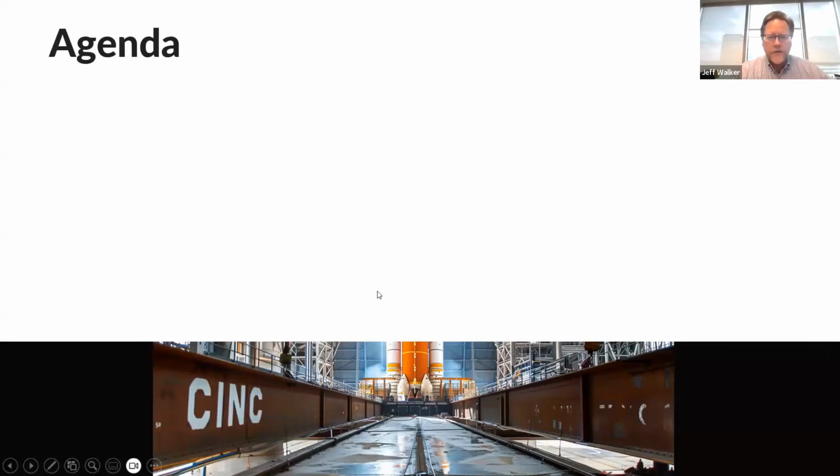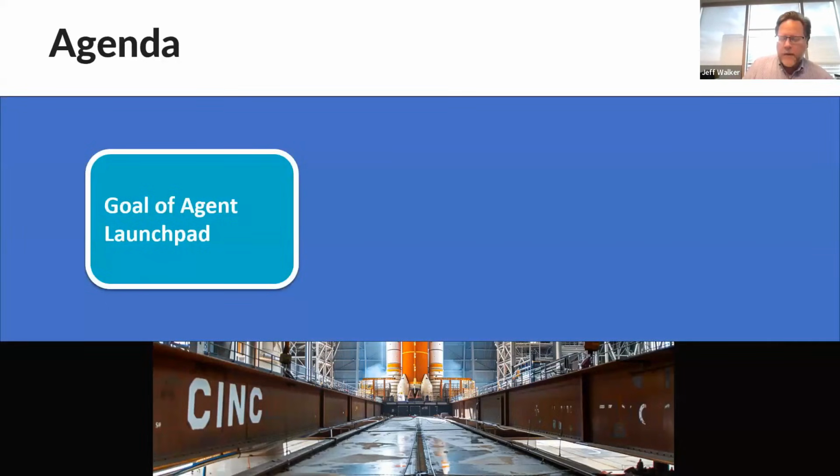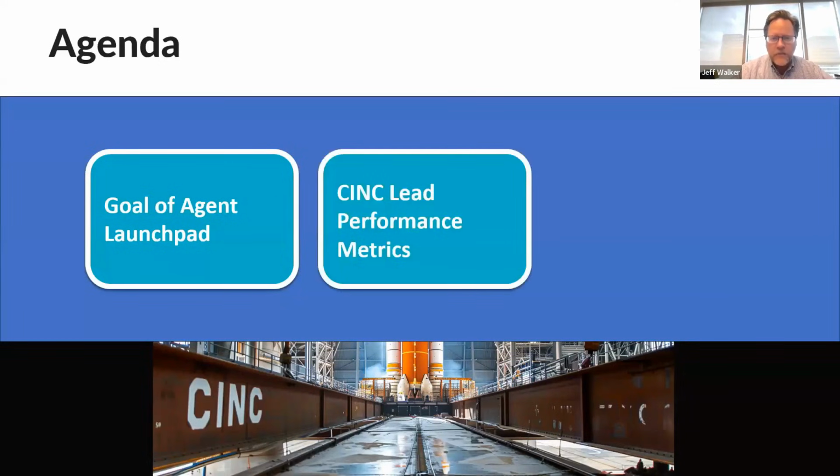And again, feel free to drop in any questions in the Q&A along the way as we go through this. But we'll do a little education about what we're trying to accomplish with the Agent Launchpad, what our long-term goal is, and why this is an area of the product that we're focused on right now.